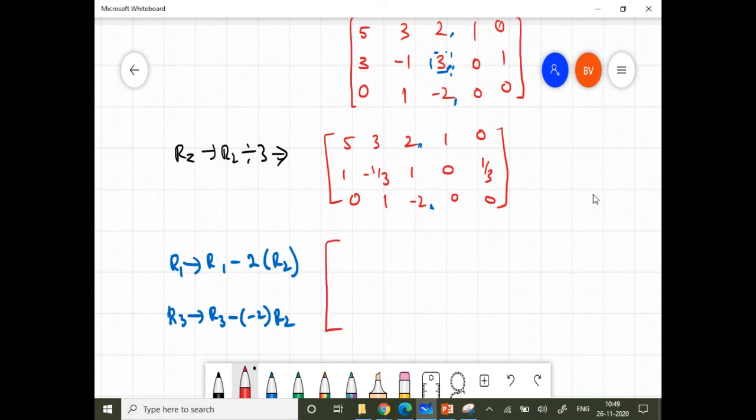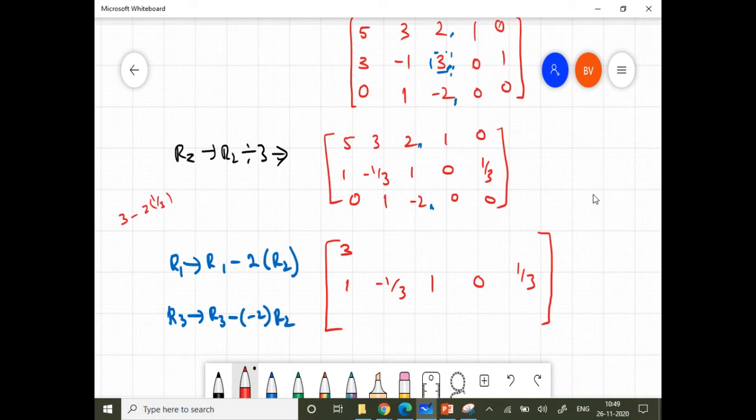So no change in the second row: 1, negative 1 over 3, 1, 0, 1 over 3. Use this formula, R1 minus 2 times R2. 5 minus 2 times, here it is 3. 3 times 3 minus 2 times 1 by 3. 9 minus 2.